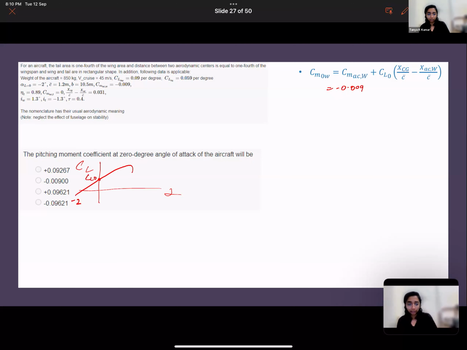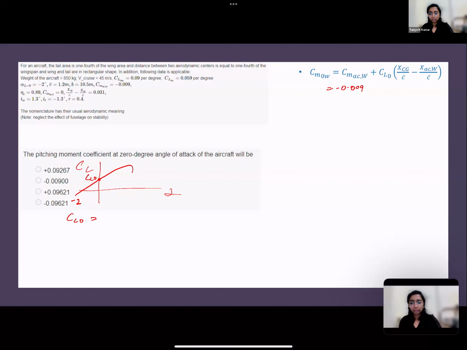How do you find out Cl naught? From this graph. You just need the magnitude. So it's just 2 into Cl alpha.